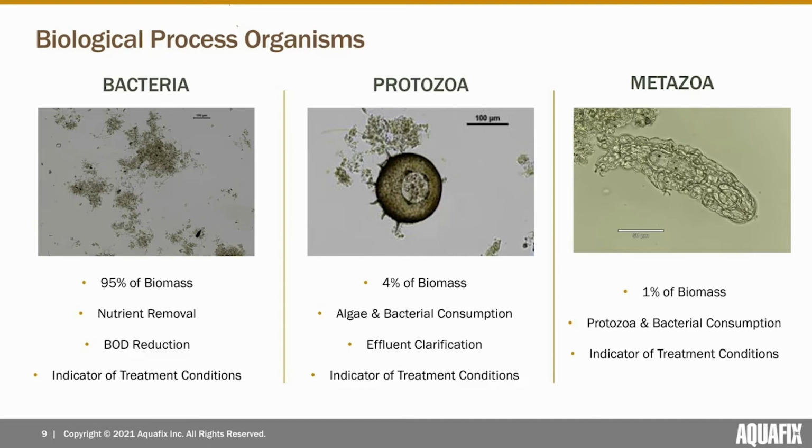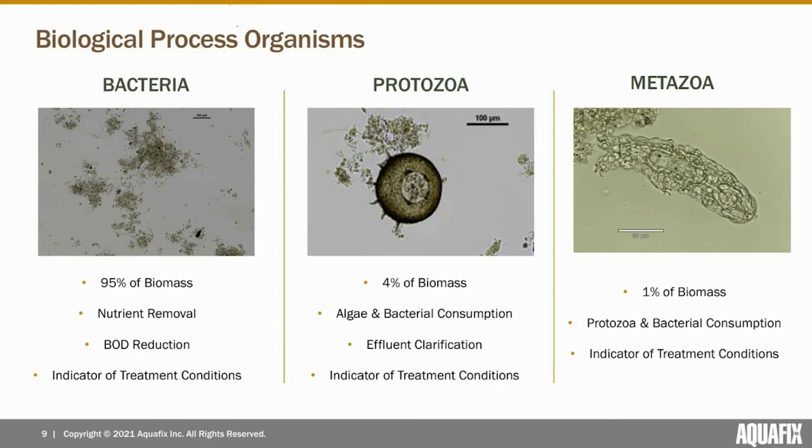So, as you can see, these three groups all play important roles in the foundation of wastewater treatment. Not only are they important in the treatment process, but these three groups also provide an indicator towards the efficacy of your treatment process, overall biological health, and any potential issues occurring within a plant.